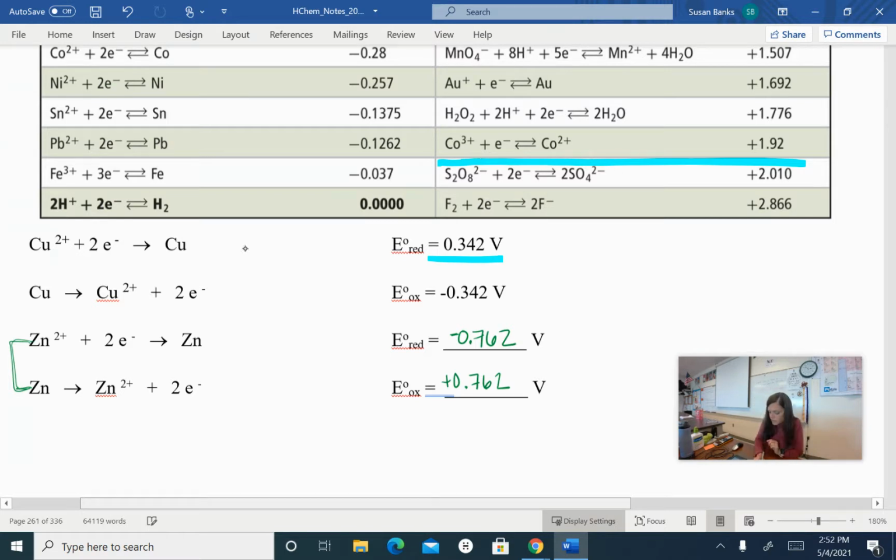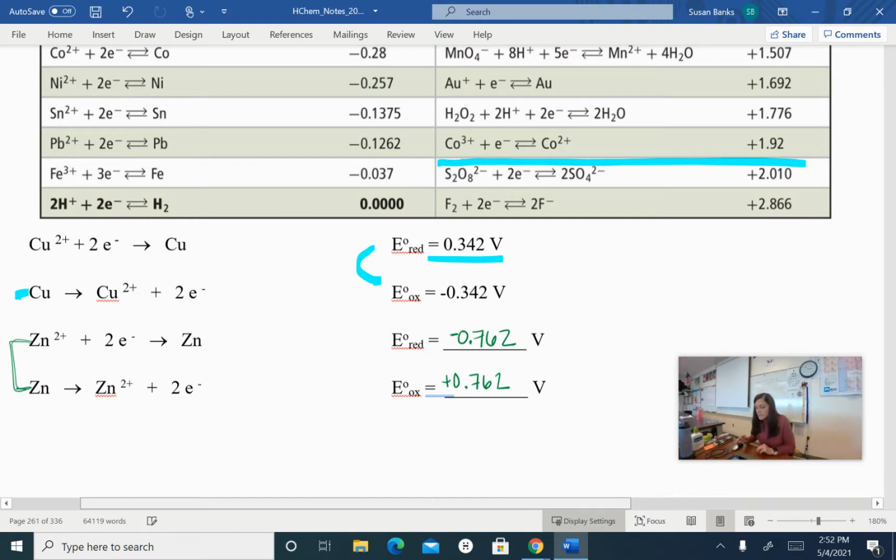But if I do the reverse, I'm going to take the negative. Okay, do you see that? So if I want to oxidize something, I've got to take the reaction from the standard reduction table, and I've just got to flip that cell potential.